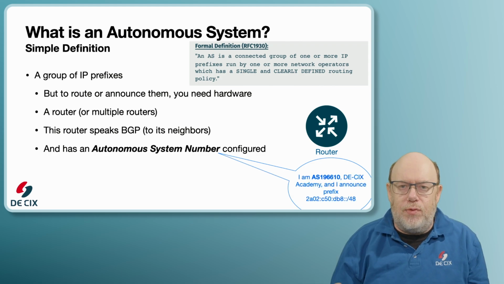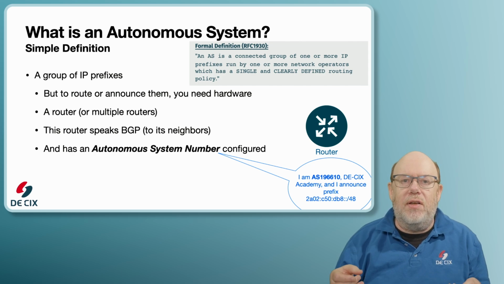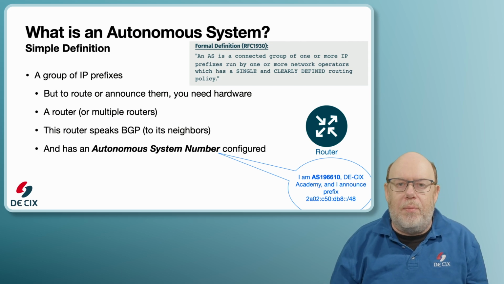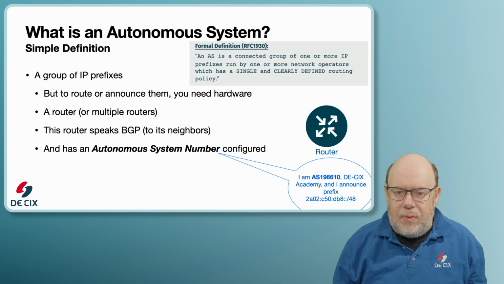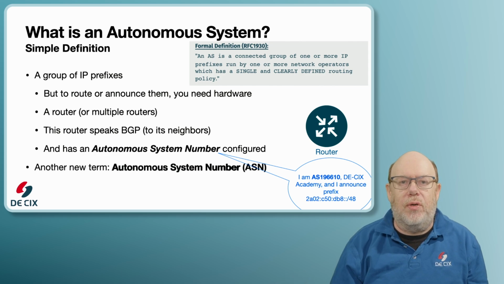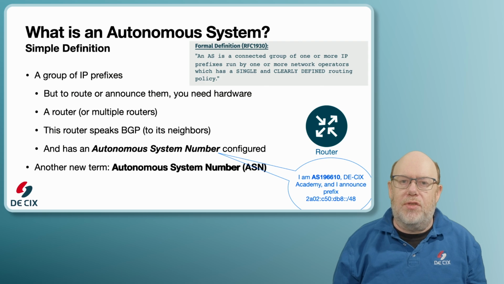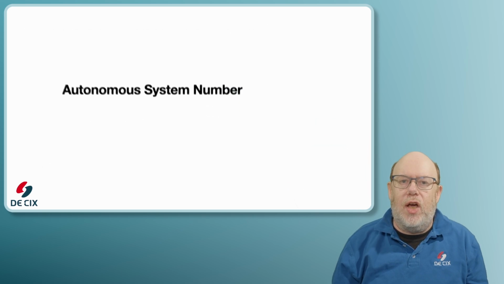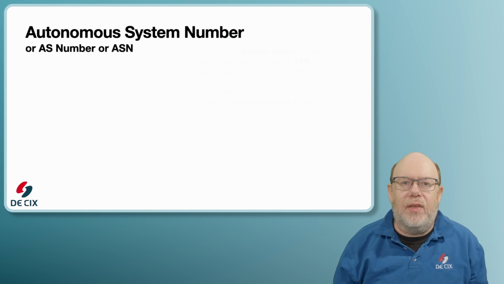So they are part of an autonomous system, and the autonomous system number identifies that autonomous system. And my AS number as the DE-CIX Academy is 196610. So we have another new term, and that's the autonomous system number. What is it, and how do we get one?